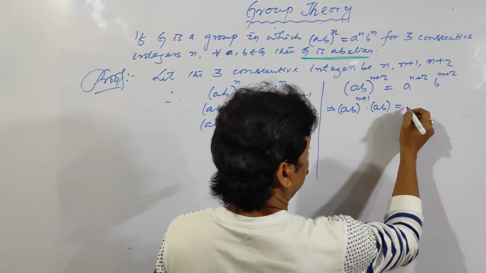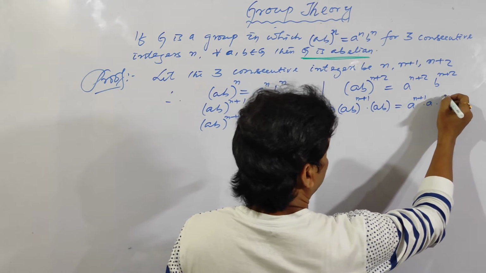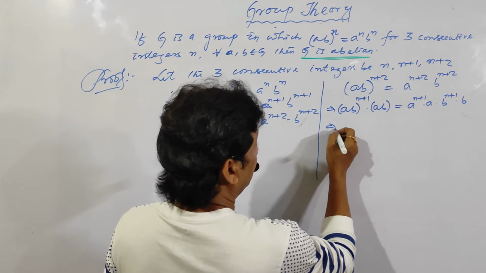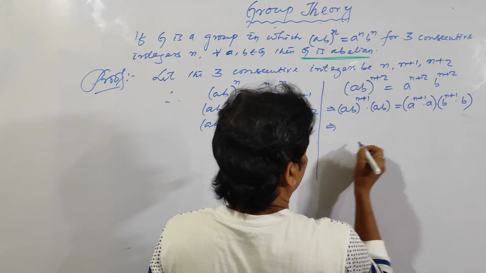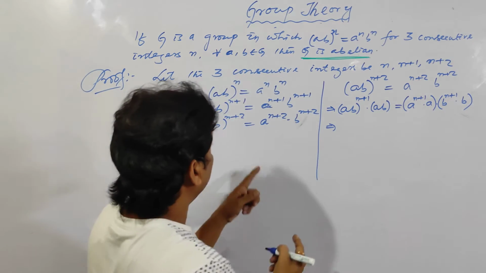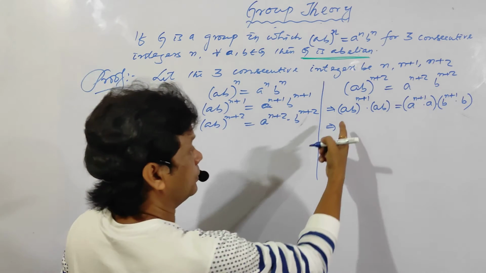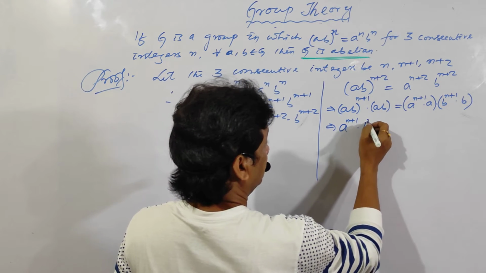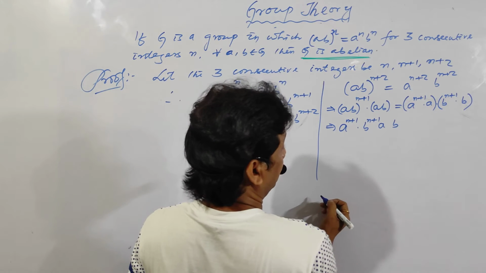Now split this one, a^(n+1) into a, into b^(n+1) into b. Okay, now let us see. And (ab)^(n+1), already it is given as a^(n+1) into b^(n+1). So right here, a^(n+1) b^(n+1) into a into b.